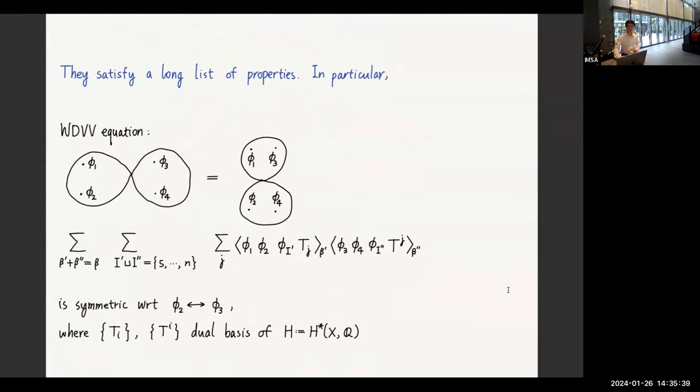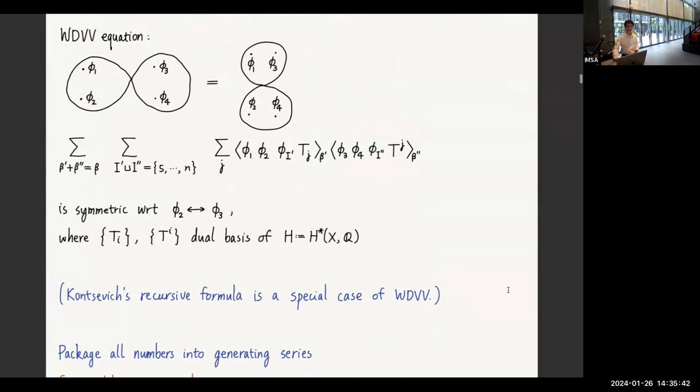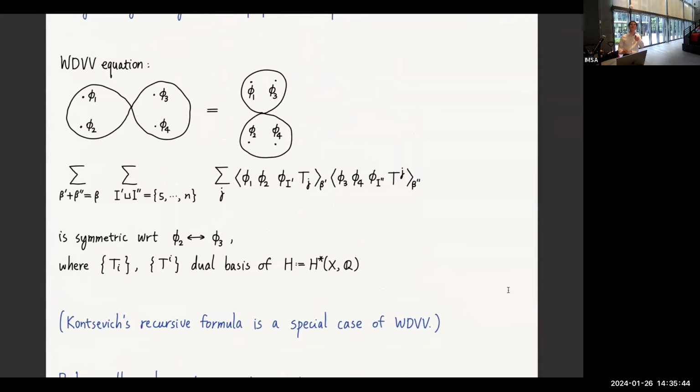In particular, for Gromov-Witten invariants, we have the WDVV equation. It follows from an identity between curve counts when we change the cross ratio of the domain curve, and we get an equality when we take sums of all these counts.